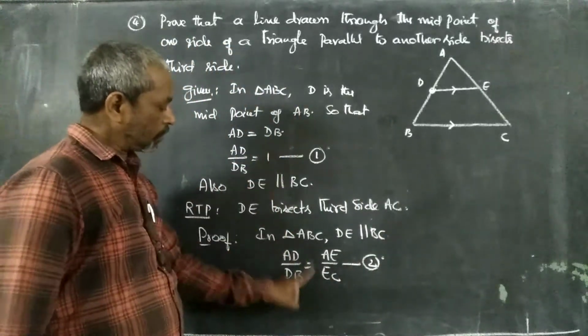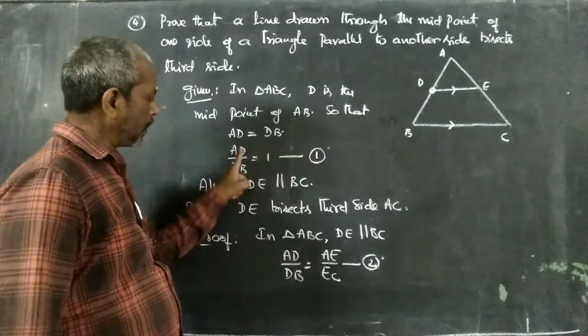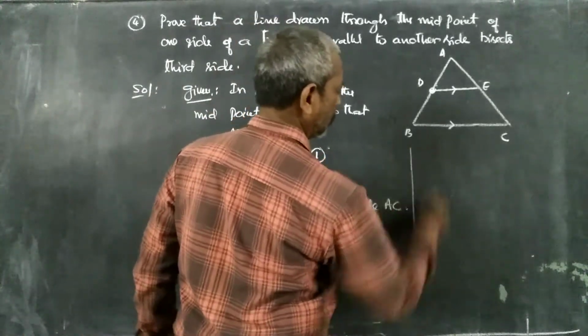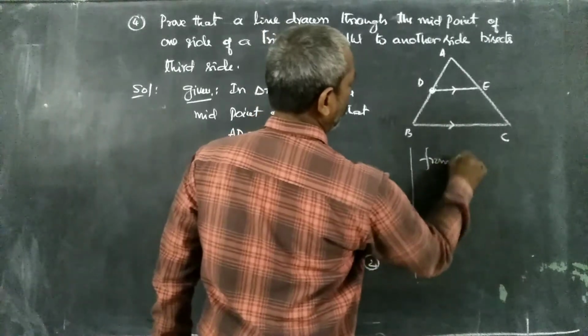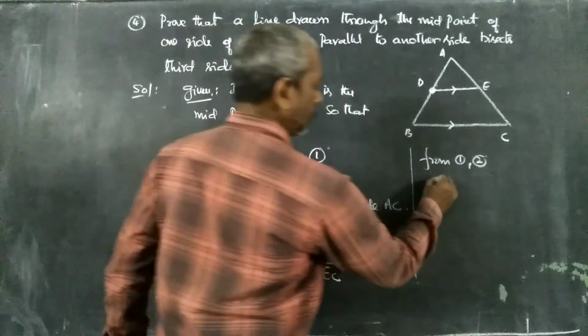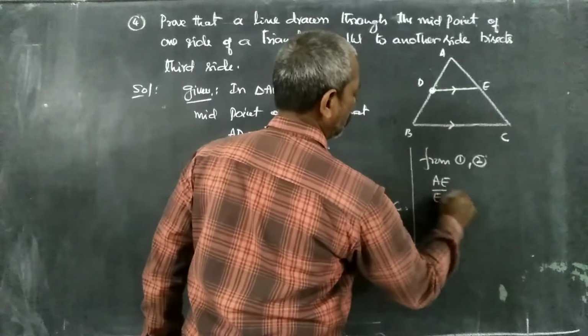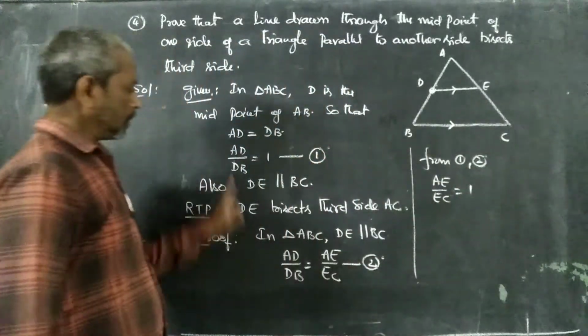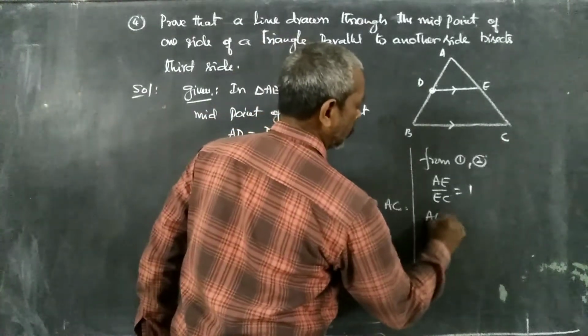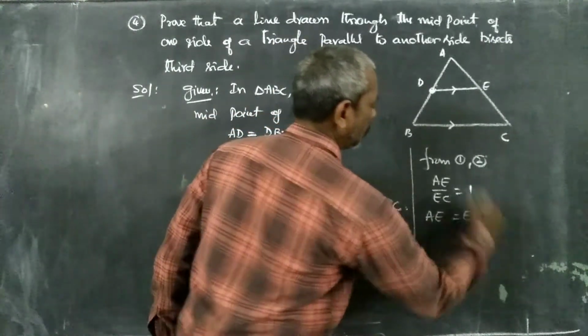Now from 1 and 2, AD by DB is equal to 1. From equations 1 and 2, AE by EC is equal to 1, since AD by DB is equal to 1. So cross multiplying, AE is equal to EC.